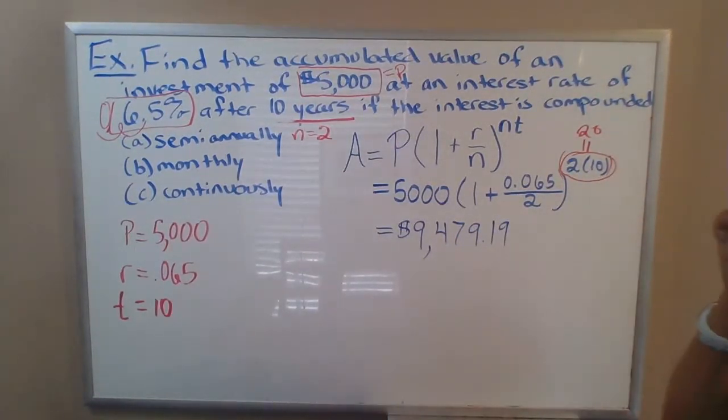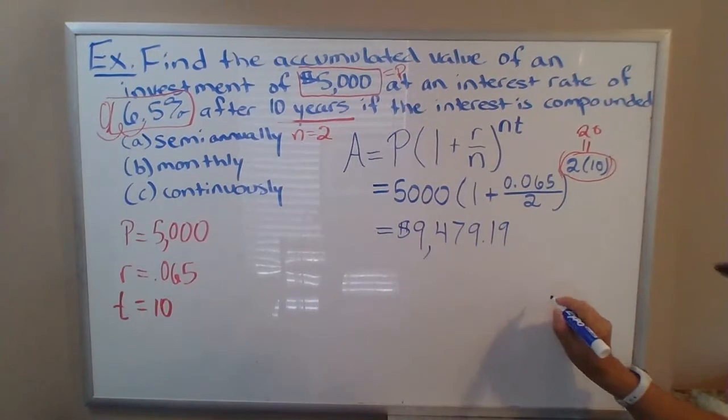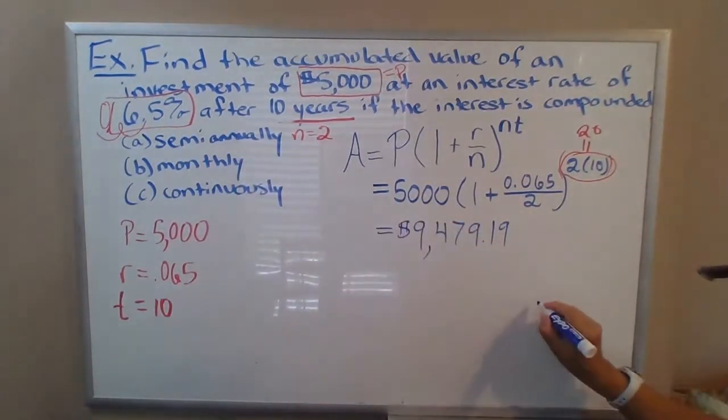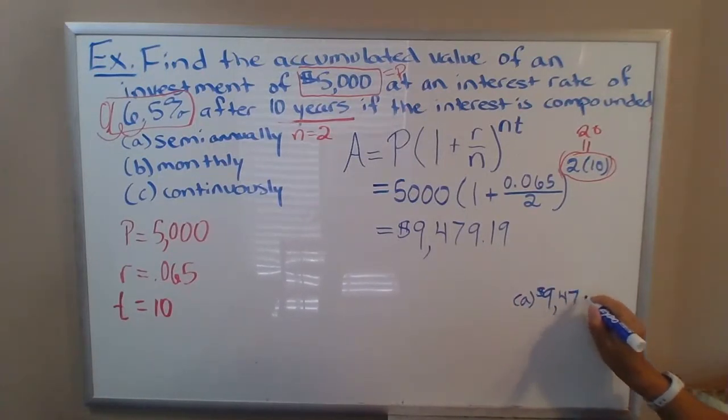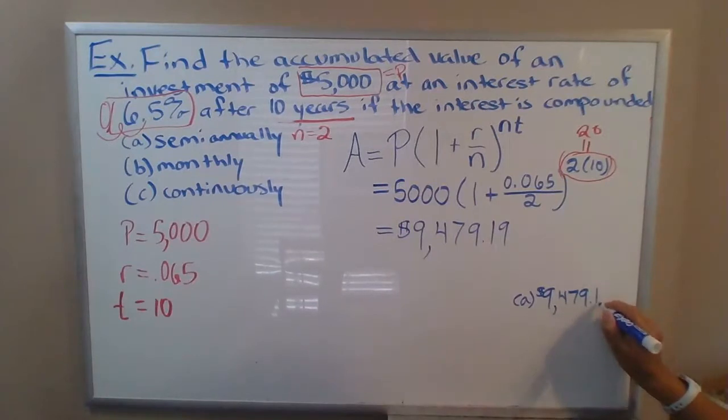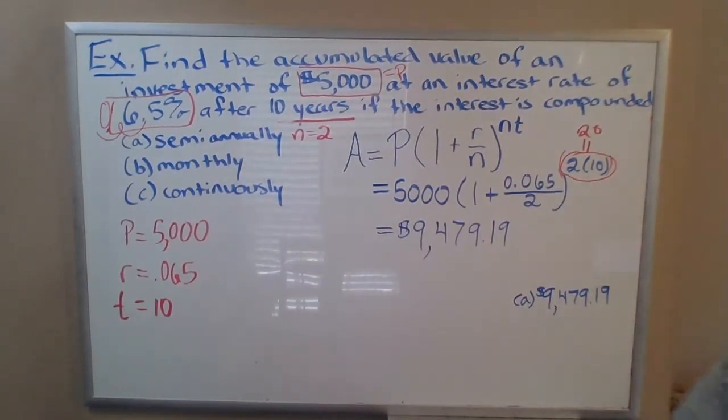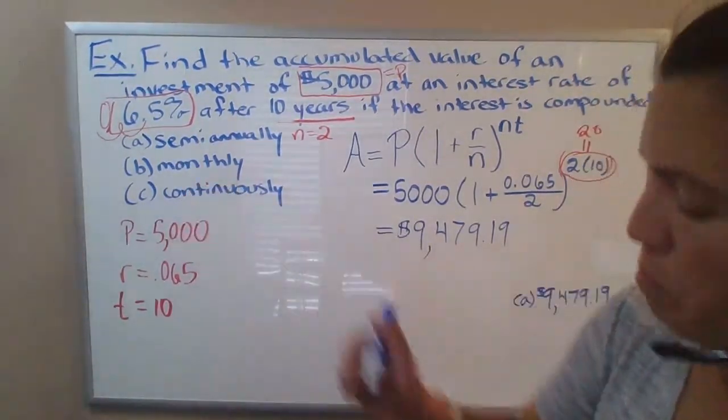Okay, so this is the amount if it's compounded semi-annually. So for part A, your answer is, I want to keep track down here, $9,479.19.